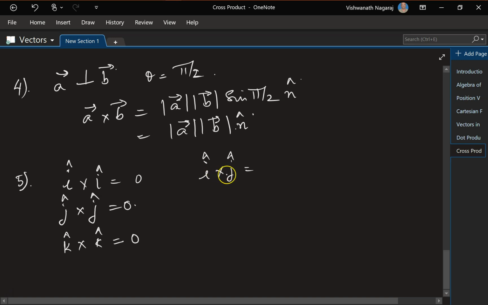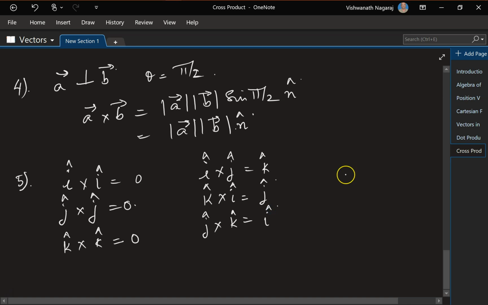They are perpendicular to each other. That means the result will be perpendicular to both, and that is nothing but K. K cross I is equal to J. J cross K is equal to I.